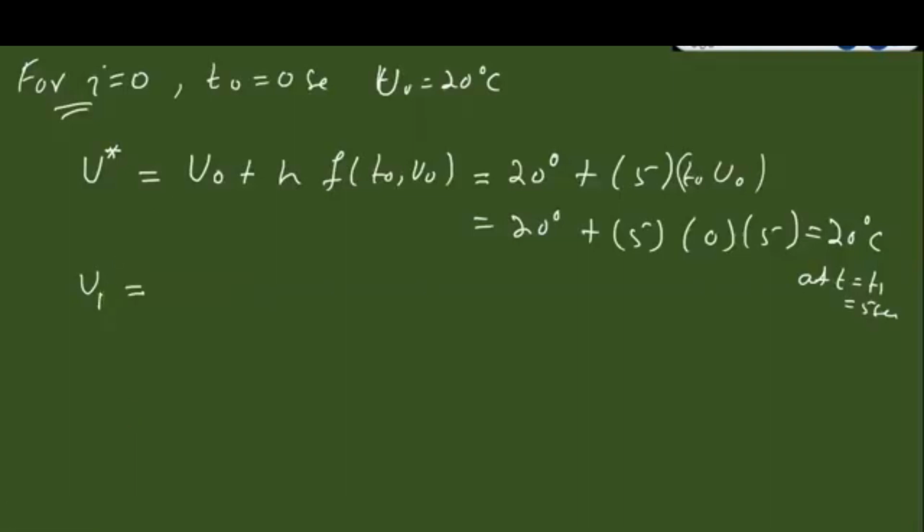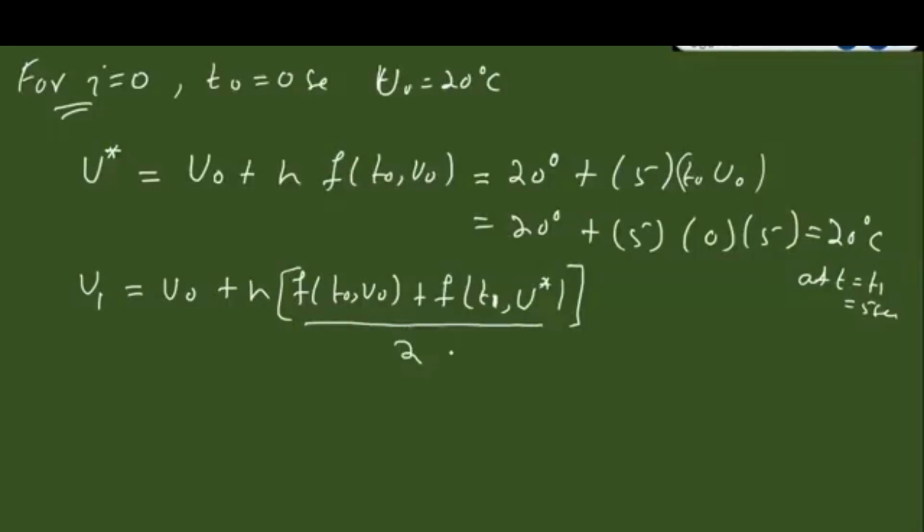u1 equal to u naught plus h times f of t naught, u naught, plus f of t1. Note down this t naught, it is t1. Comma, u star, or y star, whatever be the variable, and this whole term is going to be divided by 2.